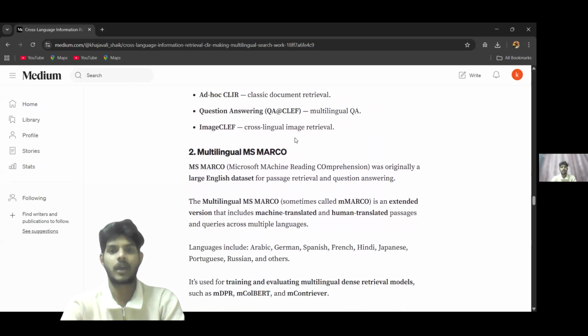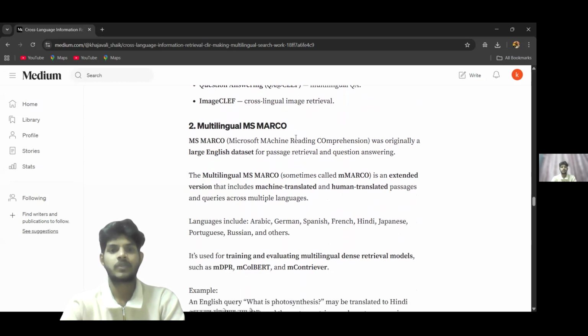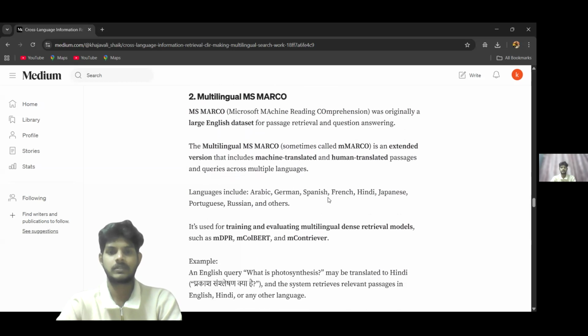CLEF also runs related tasks like ad hoc CLIR and question answering. Multilingual MS MARCO: Microsoft Machine Reading Comprehension was originally a large English dataset for passage retrieval and question answering. The multilingual MS MARCO is an extended version that includes machine translated and human translated passages and queries across multiple languages.